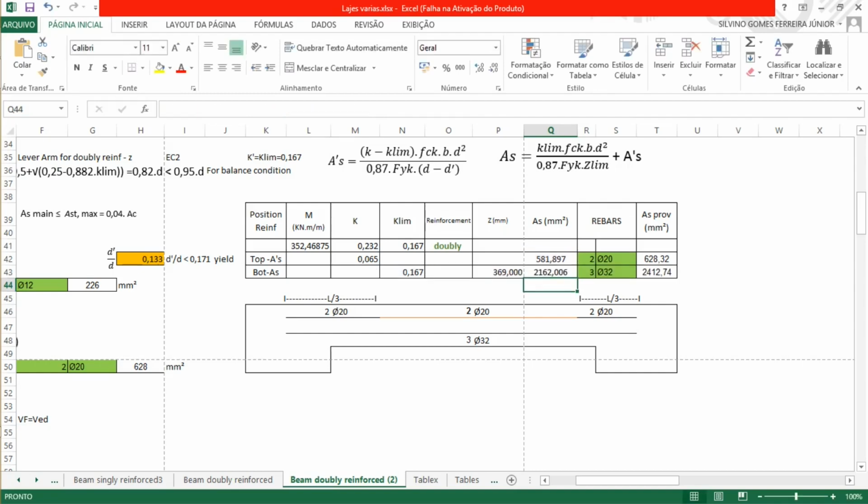So all this together gives us 2162 square millimeters. So we could use 3 bars of diameter 32.